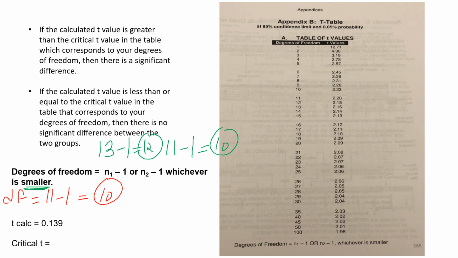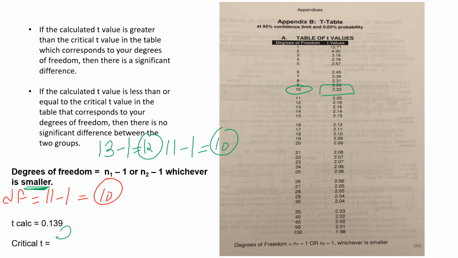But for our scenario, we didn't really have to think about it or compare, because we really had the same number of data points for both groups, 11 data points. And so after you get your degrees of freedom, you go ahead and use this table right here, and you find your degrees of freedom, which is 10, and that tells you what your critical t-value is. So the t-value from this table right here is 2.23.